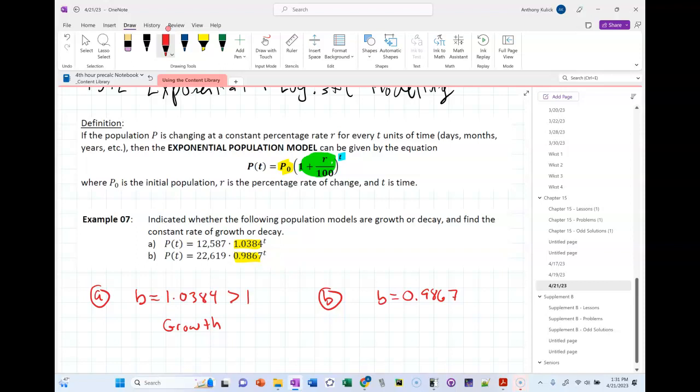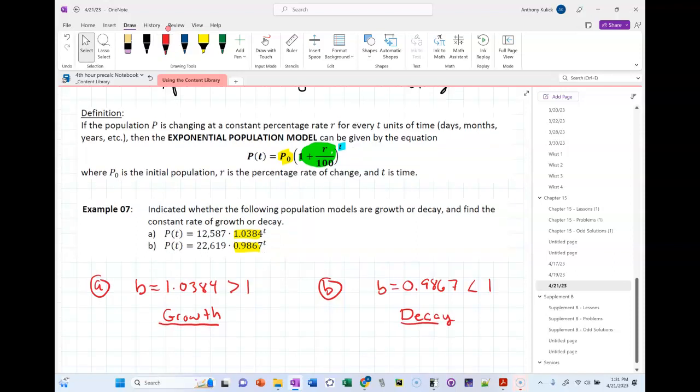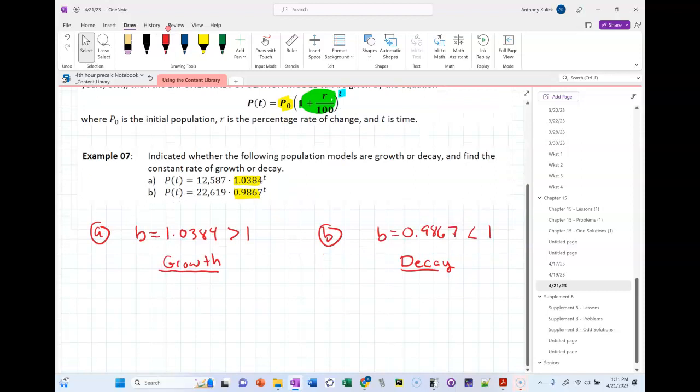It's the same as part A. What did we compare it to? 1 is correct. Notice here that this number is less than 1, so what does that tell us? That it's decay. That fact is something that you'll want to remember.